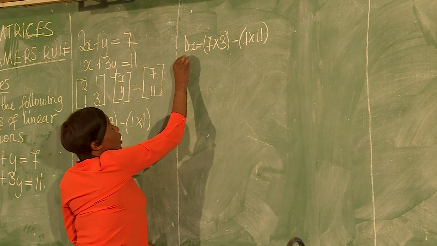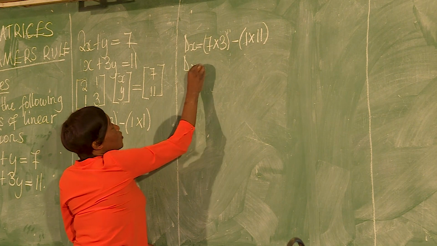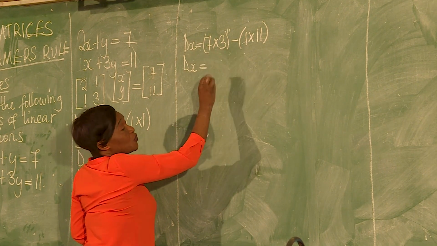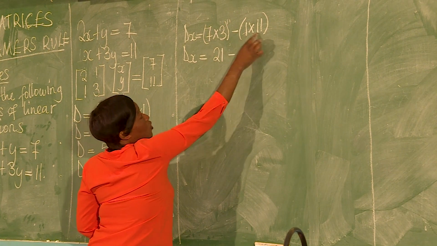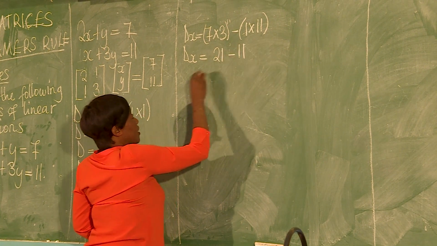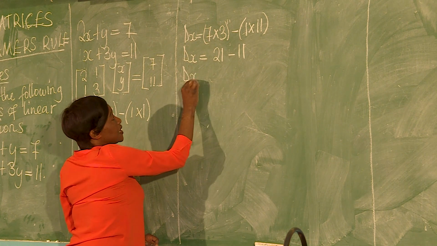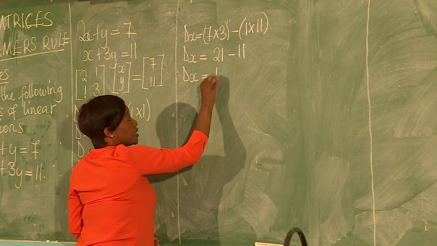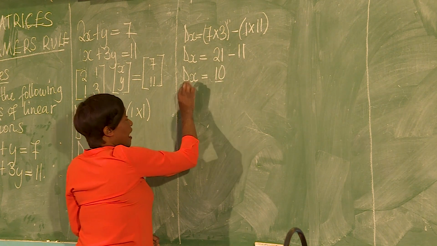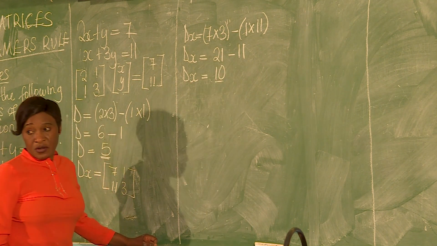Clear? Yes. So our determinant x will be equal to what is 7 multiplied by 3? 21. Good. Minus 1 multiplied by 11? 11. So determinant x will be equal to 21 minus 11, which will give us what? 10. So this is the x determinant. Right.